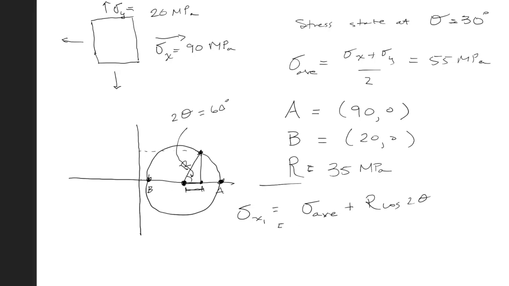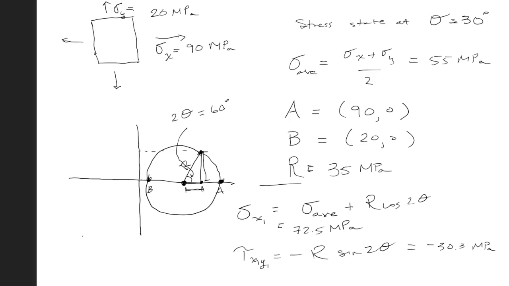And so that is equal to 72.5 megapascals. And if I want tau x1y1, it's just minus r sine 2 theta, which is just this distance right here. And so that's equal to minus 30.3 megapascals.